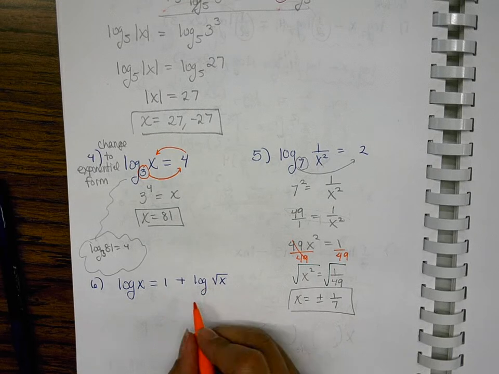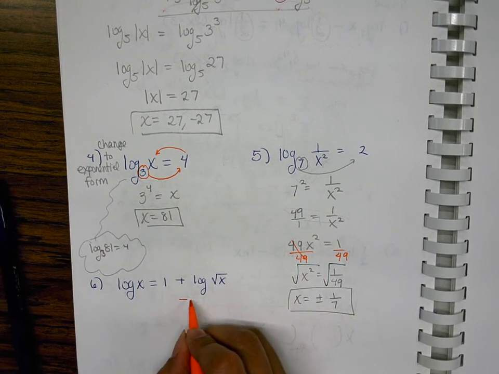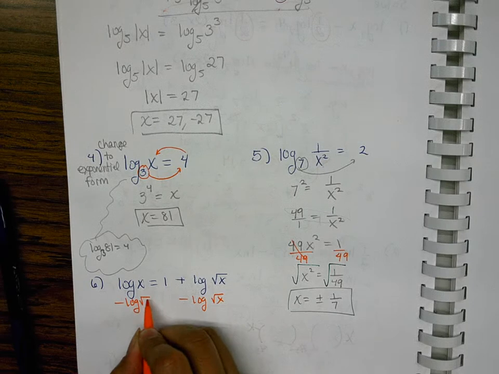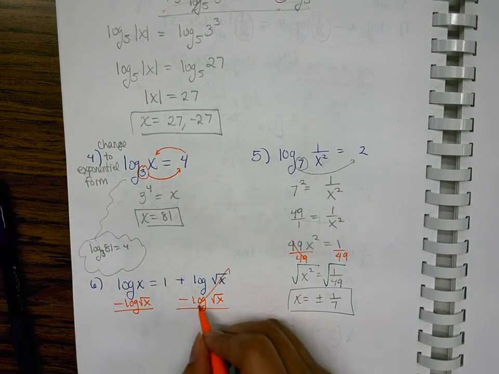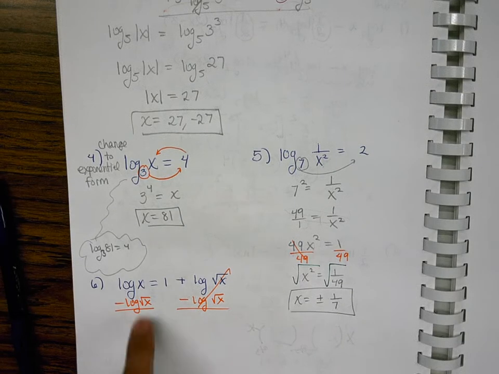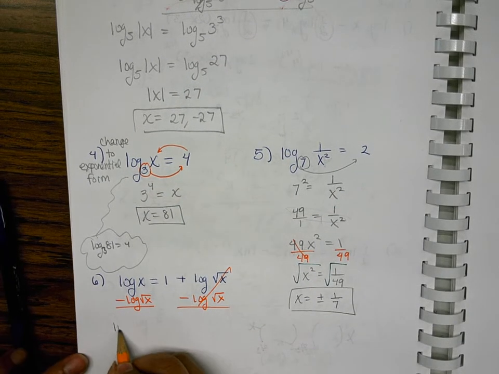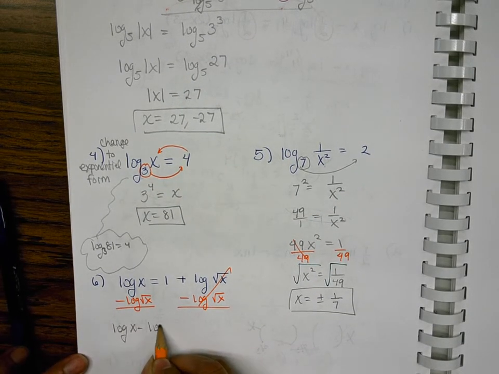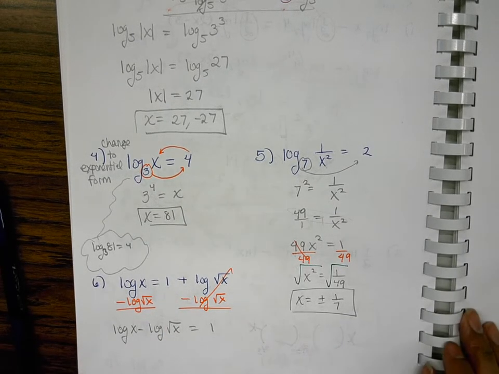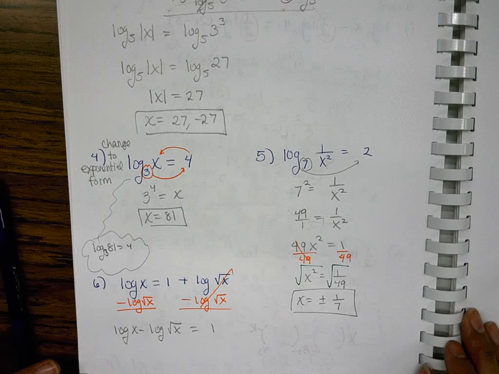You can. What I do is I move the logs to one side, so then it looks like numbers 4 and 5. Okay, these are not like terms. I'm hoping you see that. This is log of x minus log of root x equals 1.